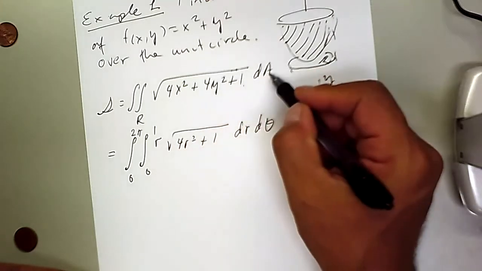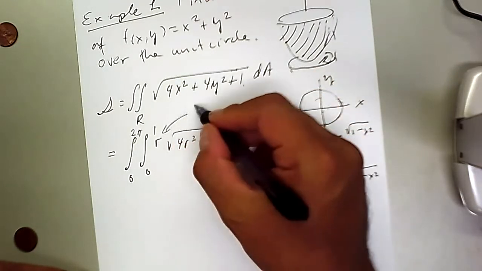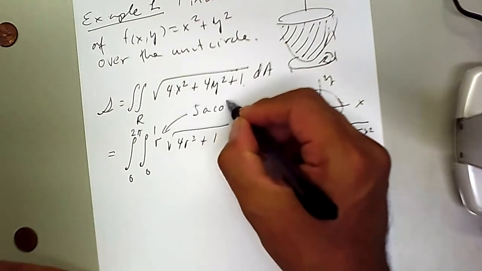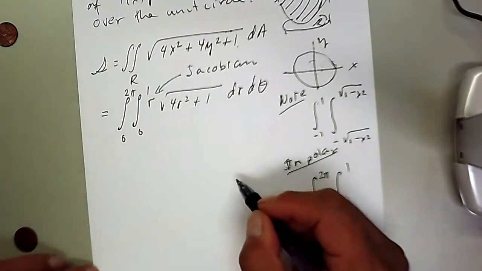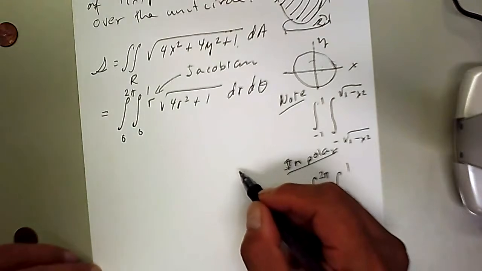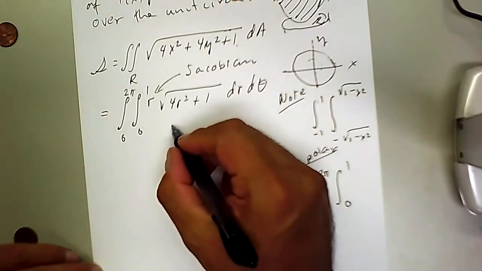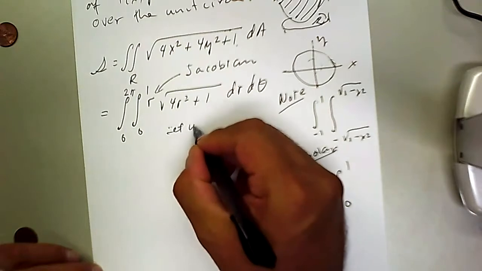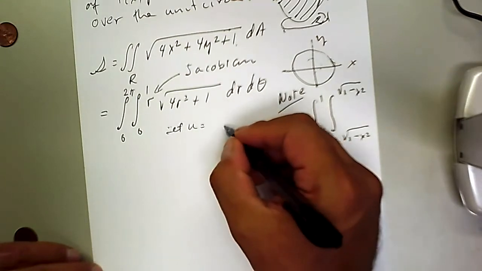Every time we convert from xy into polar, we need to include the Jacobian of the transformation, which in this case is r. For polar coordinates, it is r. That actually makes this easier, because then we can do substitution. We can set u to be, what do we want u to be?